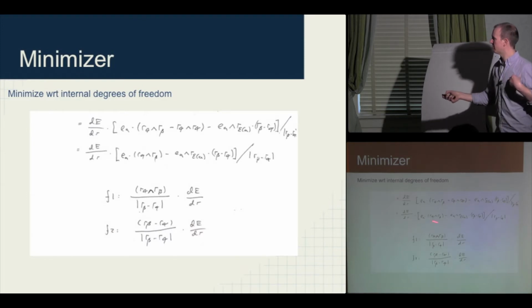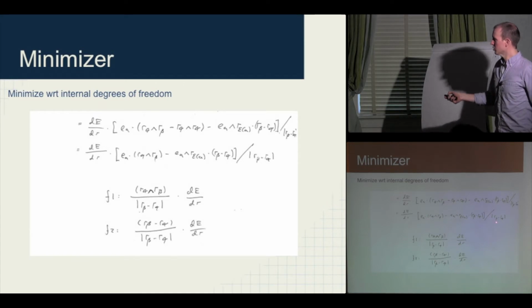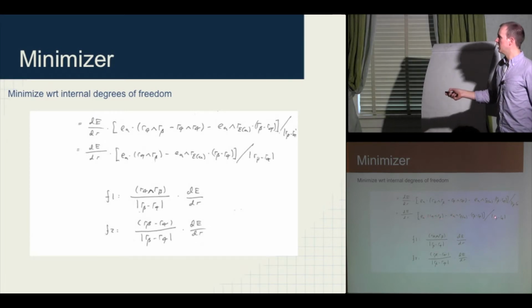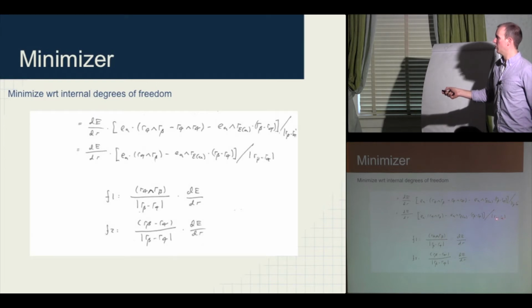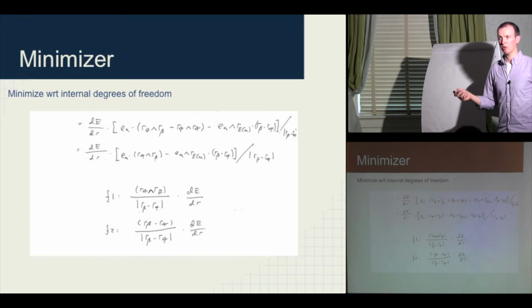It needs to be explained in just a little more detail. Okay, so this was the math from the previous slide, I just shifted it up. This is the same equation that I just said. If you take this portion here, r alpha cross r beta, divided by the norm of this vector, and then multiply by der, we call that F1 in Rosetta.